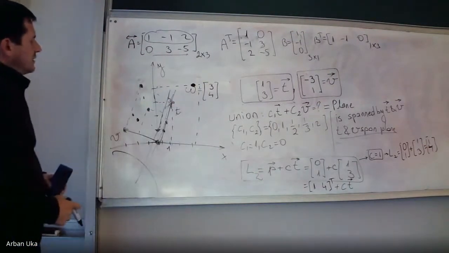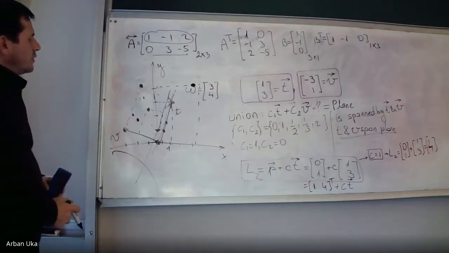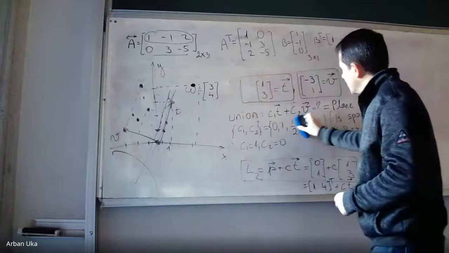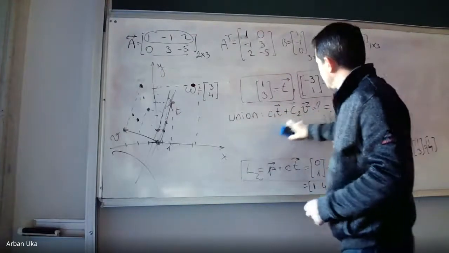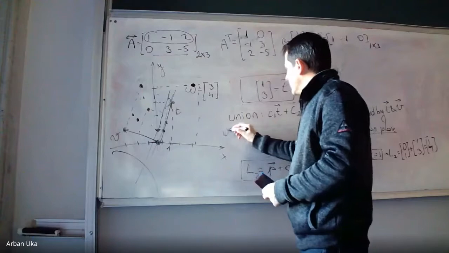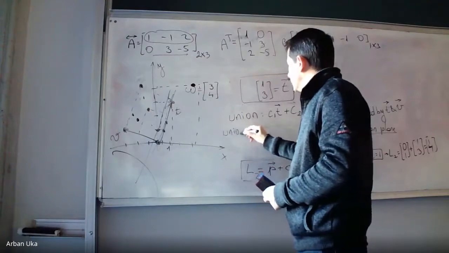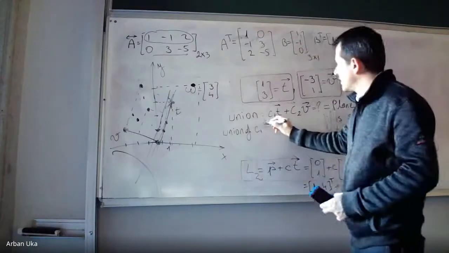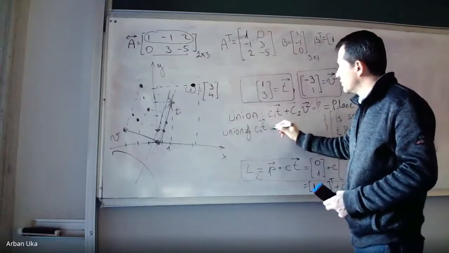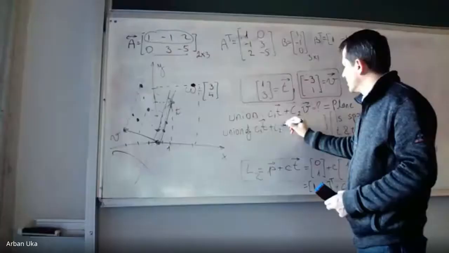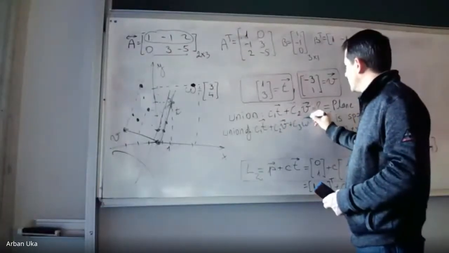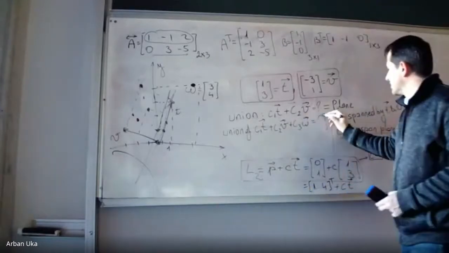So, what could be the union of, so let me take this out. What is the union with this space this time? Think about this one, just allow me 1 second to write this. So if we have C1T plus C2V plus C3W, what is this?